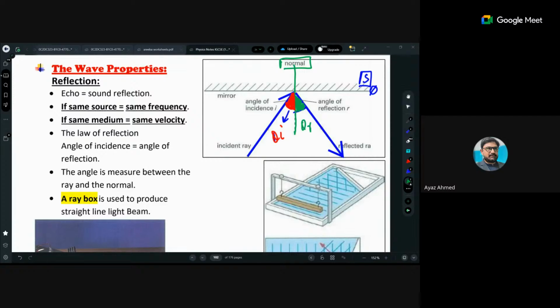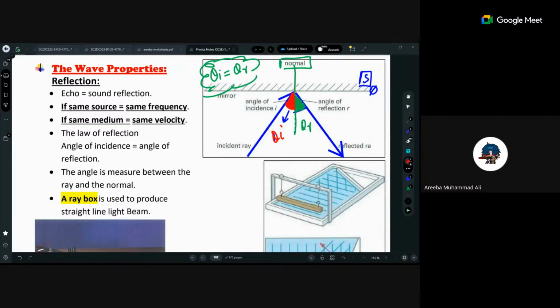So रिफ्लेक्शन का रूल ये कहता है कि theta I will always be equal to theta r. Angle of incidence will always be equal to angle theta r. Okay, is it clear to you?